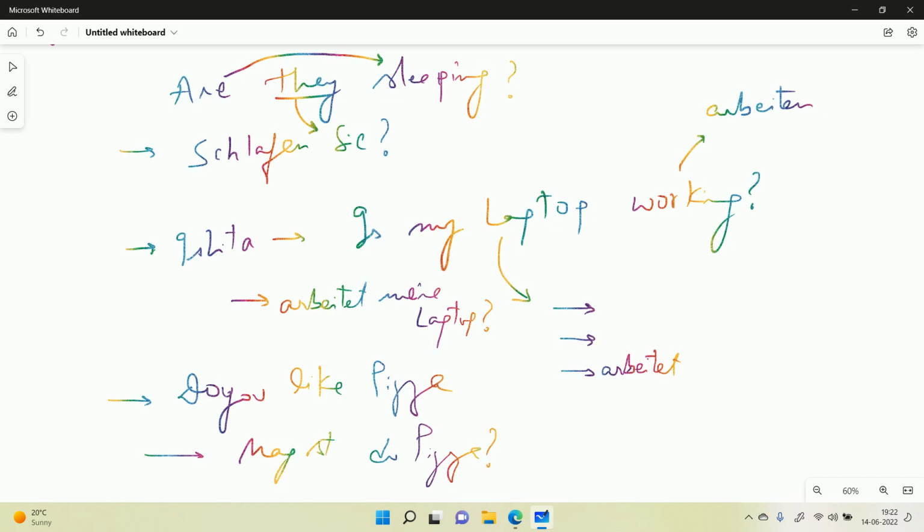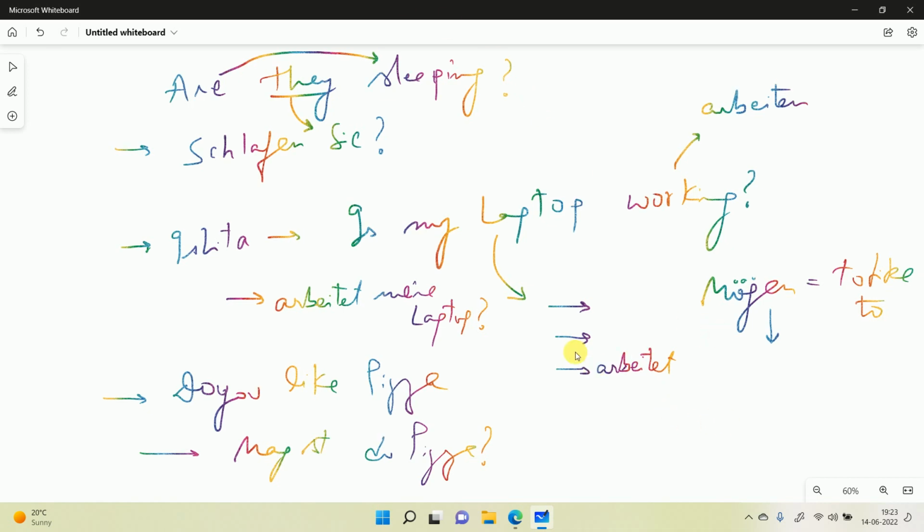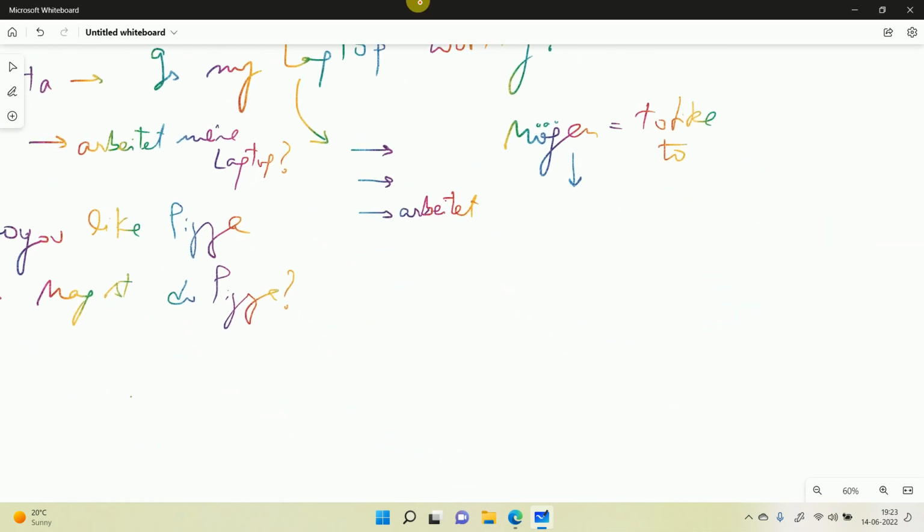So again, friends, recall your modal verb lessons, wherein I told you that mögen is to like, right? So magst du Pizza. So what will happen? The du form of mögen will be used here, and then you can conjugate the sentence also, make up the sentence as well. Now Arvid can give a try.